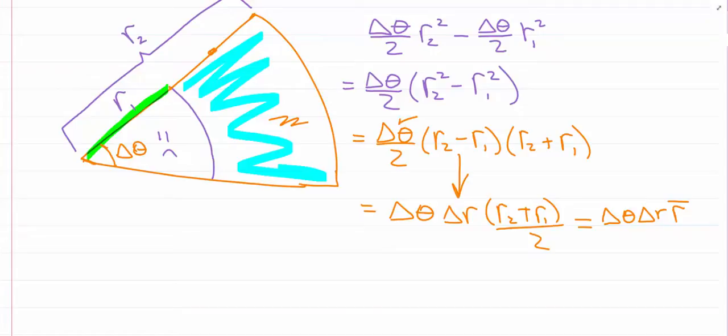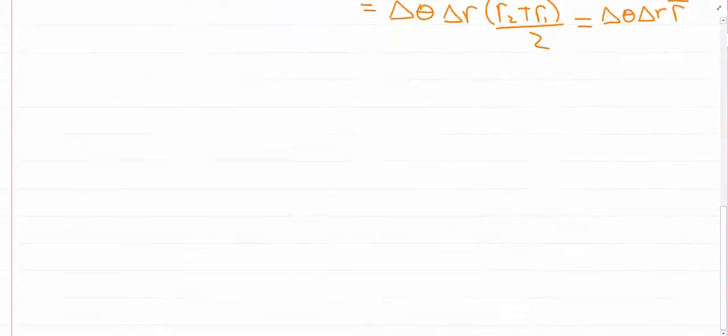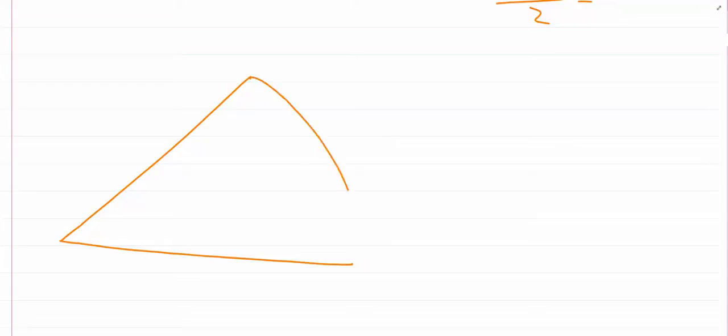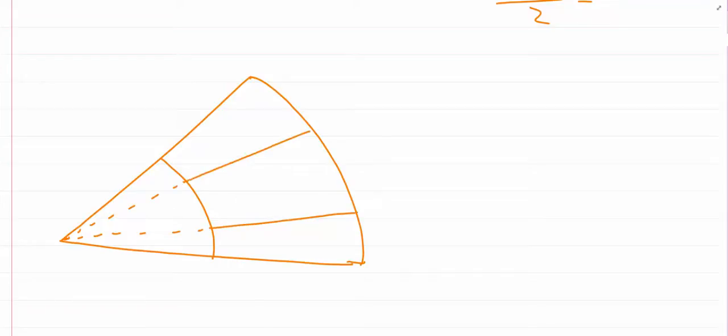Okay, now let's go to the next step. Let me complicate things a little bit here. Let's suppose that I break this thing down into little parts, sort of like we did in Cal 1 when we broke things into rectangles under a curve, and then in double integrals when we broke things down into rectangular prisms under a surface.